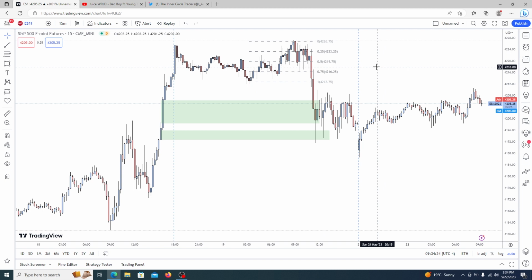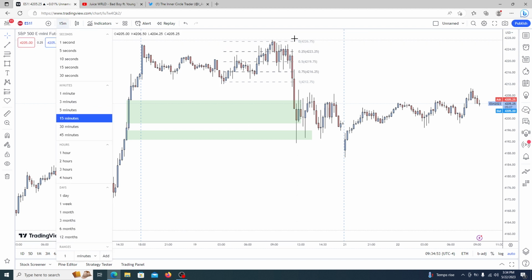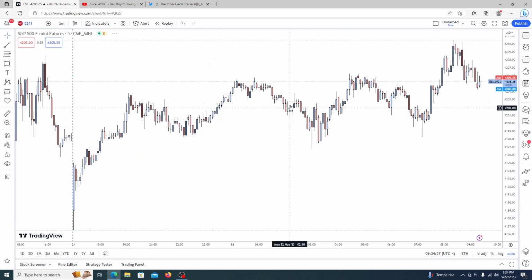So let's take this view and then let's shift down into a lower time frame, and let's look at entry points and how you would utilize this idea in your trading.